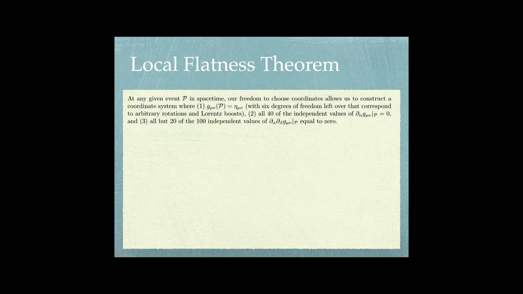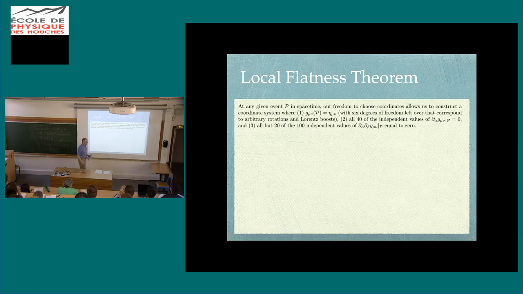Okay, so I want to talk a little bit about the local flatness theorem because this is going to be important for us as we go on. The local flatness theorem says that at any given event in spacetime, our freedom to choose coordinates allows us to construct a coordinate system, first of all, where the metric is equal to the flat space metric.